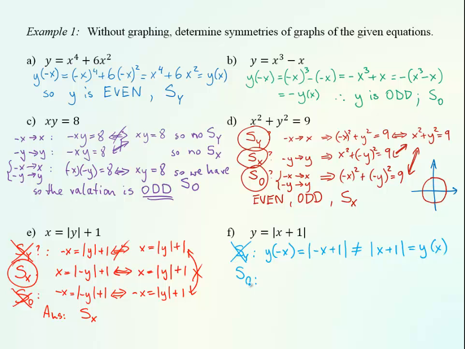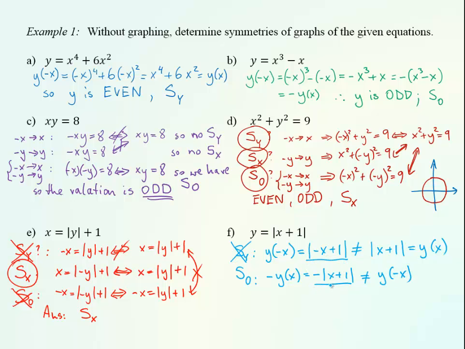To check symmetry in the origin, it's enough to compare y of negative x and negative y of x. Since negative y of x is negative absolute value of x plus 1, which is not the same as just absolute value of x plus 1, so it's not the same as y of negative x, which was here.